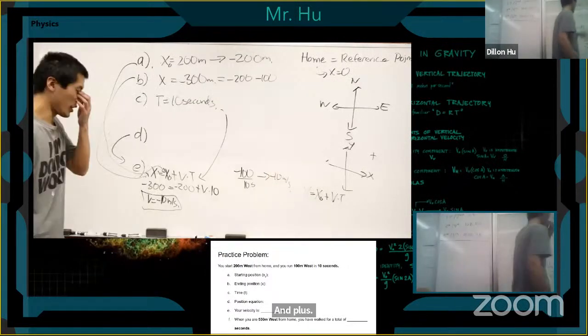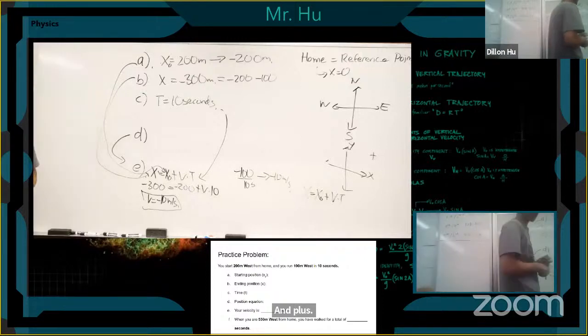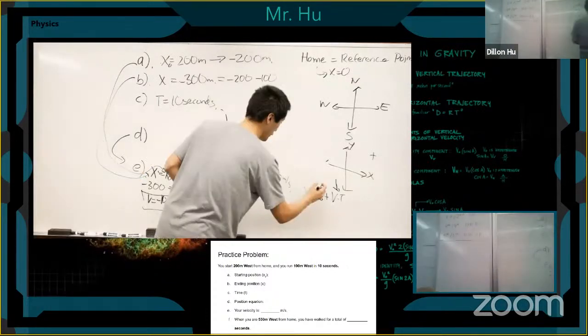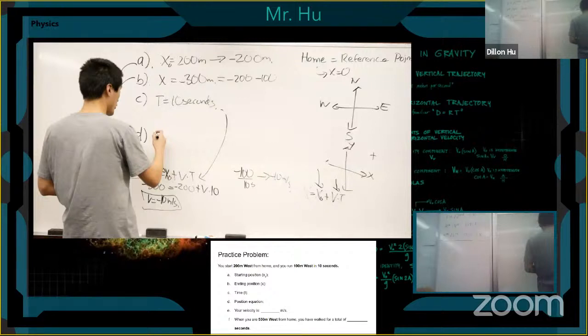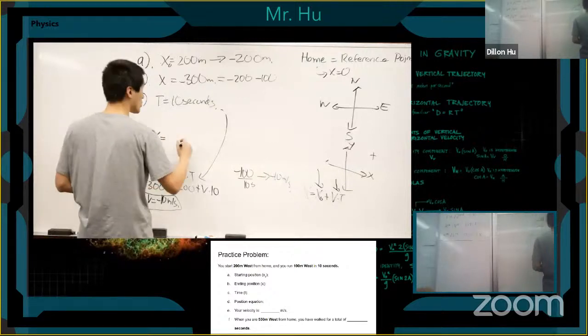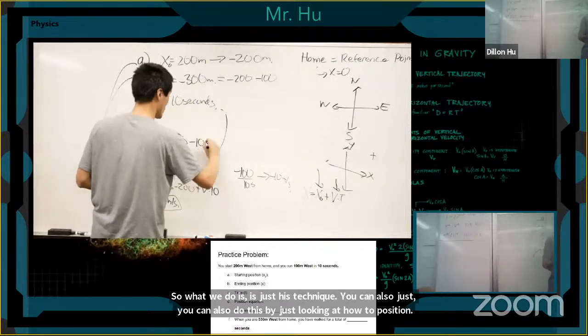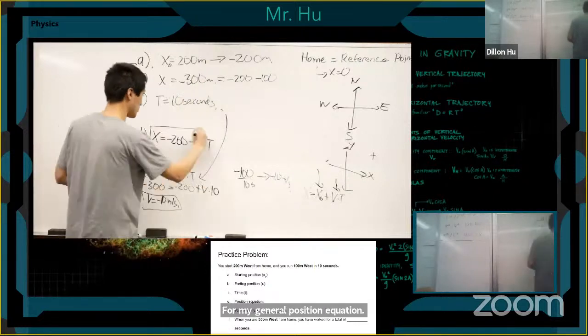This is another way of doing it as well. For my general position equation, I'm trying to fill in my velocity and my initial position. So my position equation is something like x is equal to my initial position, which is negative 200, minus 10 t.